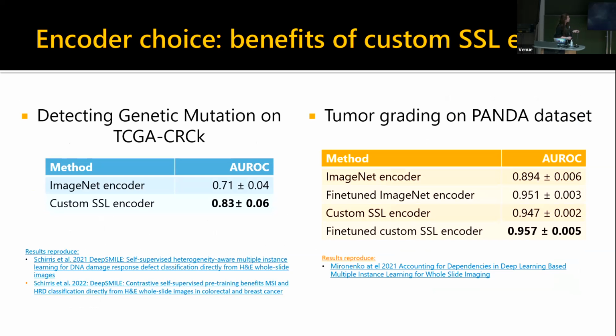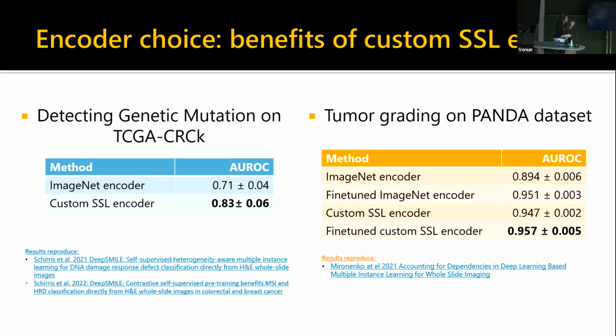The other section that we have seen in the previous pipeline was about training your own encoder. Here, I just want to stress the benefits of using a self-supervised learning encoder trained on a histopathology dataset.